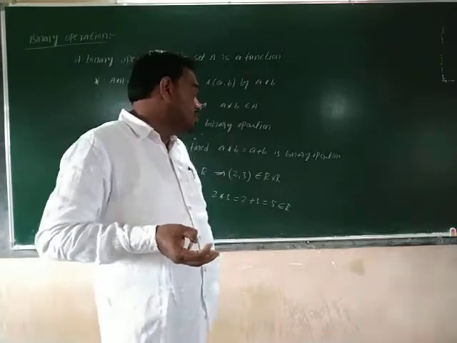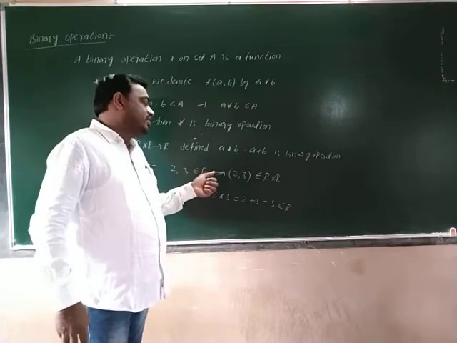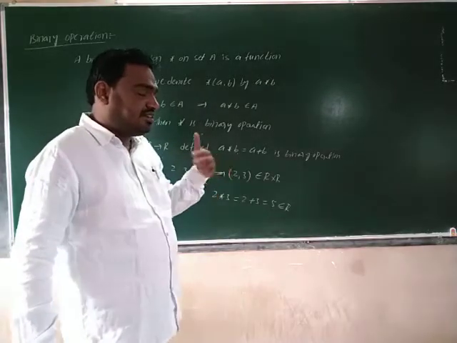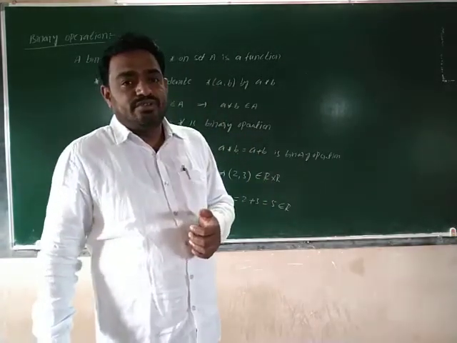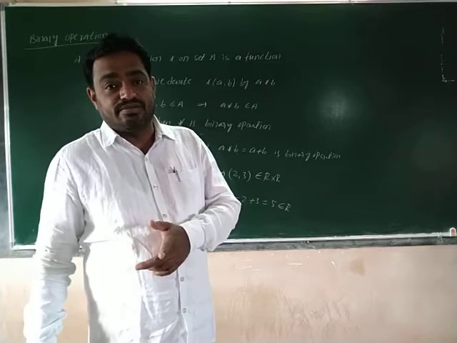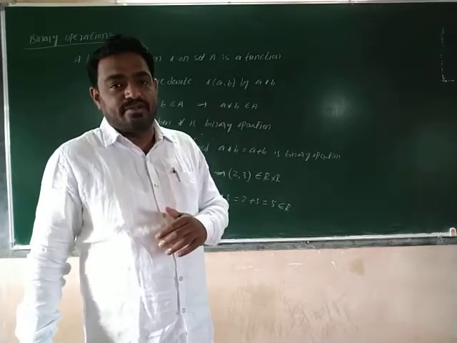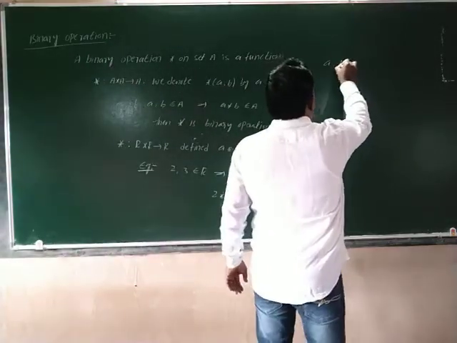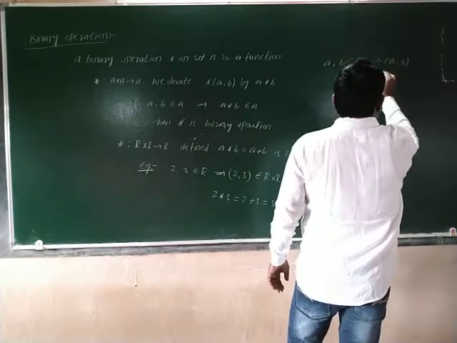Next, here this is on N. On R, the set of real numbers, division is not a binary operation. I told you division is a binary operation, but it is not a binary operation. You see, a comma b belongs to R, division of a comma b equals what?